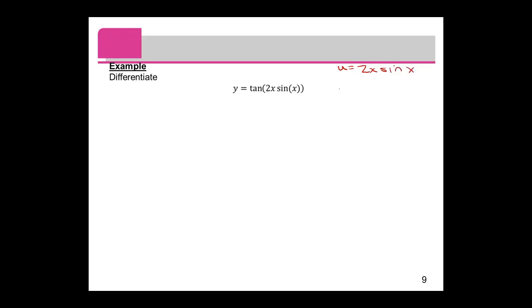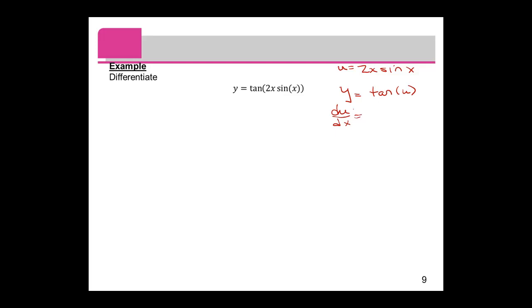And then I'll call y tan of u. Okay? So far, so good? Yeah. All right, good. So how do I take the derivative of u? And that's going to be du dx, right? How would I take the derivative of u?